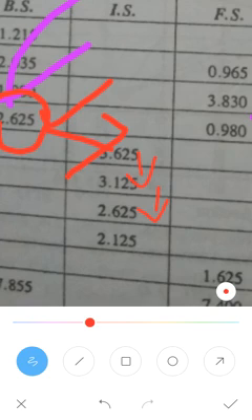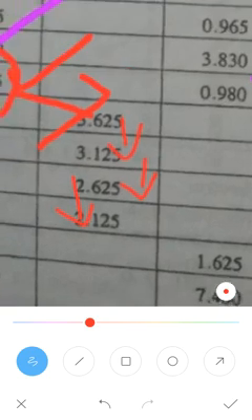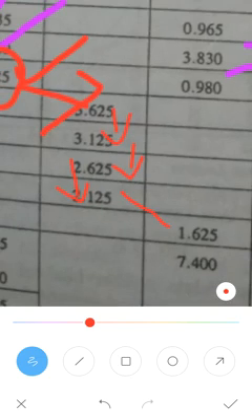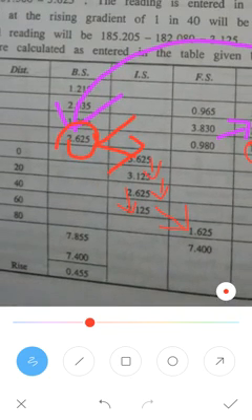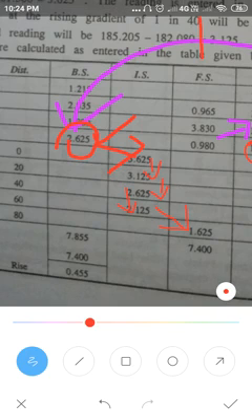After this they have taken another one, only the leveling staff is shifted to another station. So after this is the final point. This is how the movement takes place. If the backside and foresight are not in one single row, it means the leveling staff station has been moved.